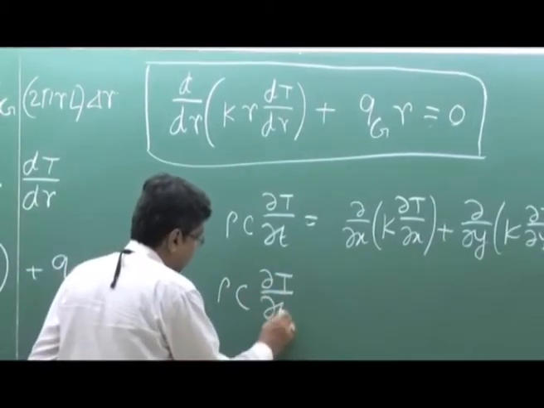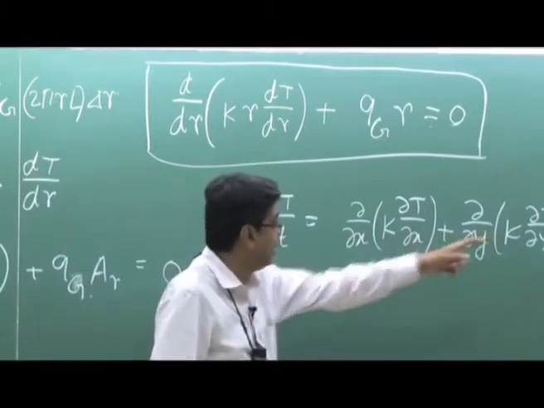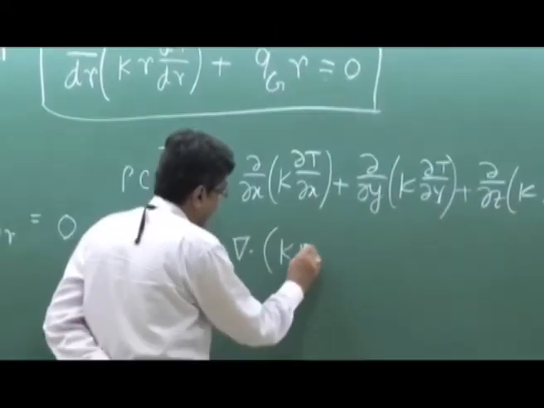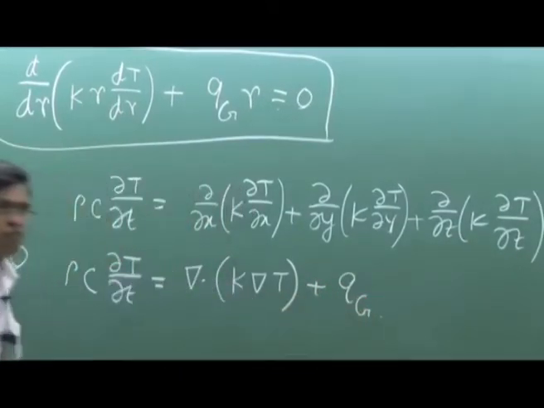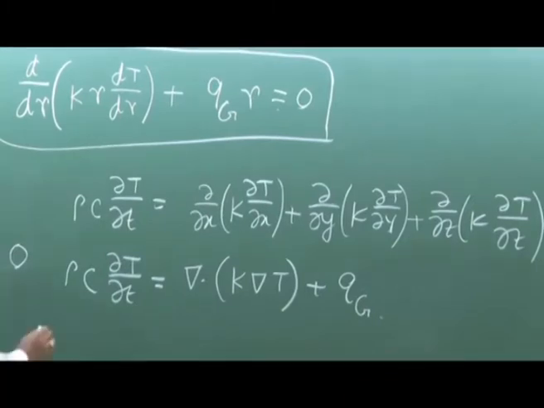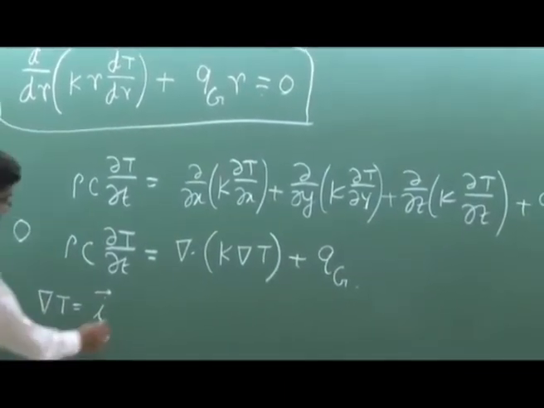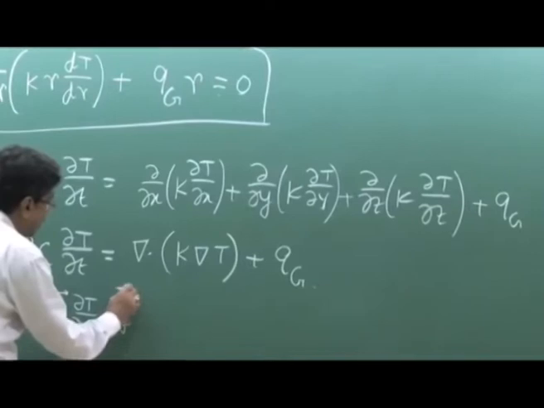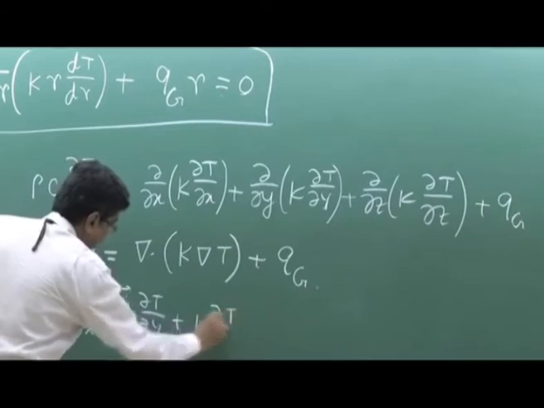Rho c del T del t is equal to, what is this? Del del x of k del T del x, k del T del y. This is divergence of k grad T plus qg. And you know, in Cartesian coordinate system, grad T is what? i, j, k being the unit vector along x, y and z direction. i del T del x plus j del T del y plus k del T del z.